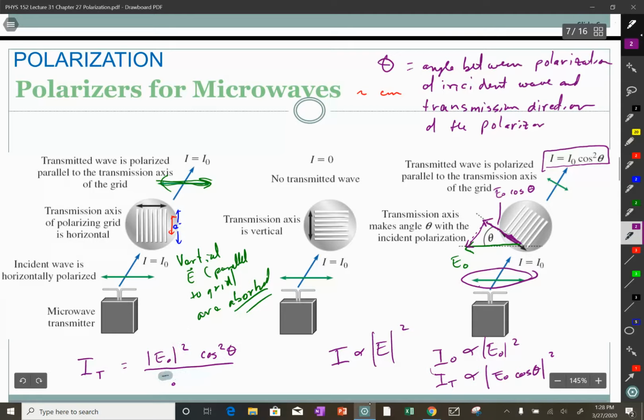I should have said, this is proportional to this, which makes it equal to I0 cosine squared theta, because you have the same proportionality for the E0 mod squared as you do for the E0 cosine squared. So we call this equation the law of Malus.